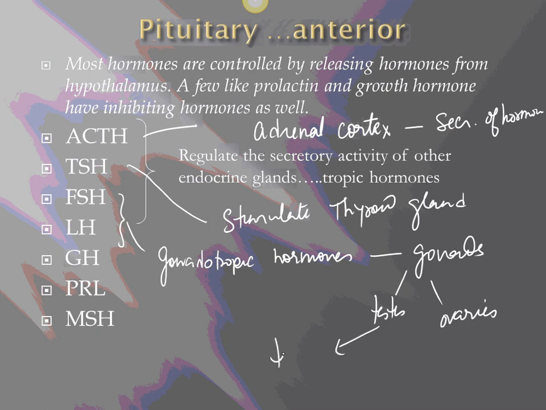From the testes they will cause testosterone release, and from the ovaries they will cause estrogen and progesterone release, and you'll see this when we do the reproductive system. Prolactin acts on the breast tissue and causes milk production.